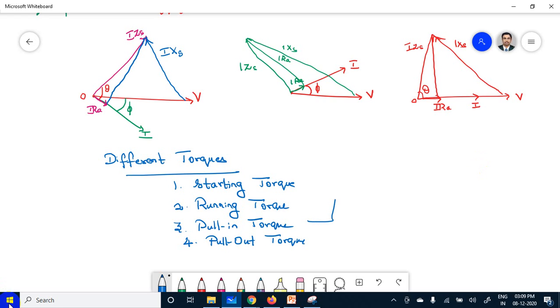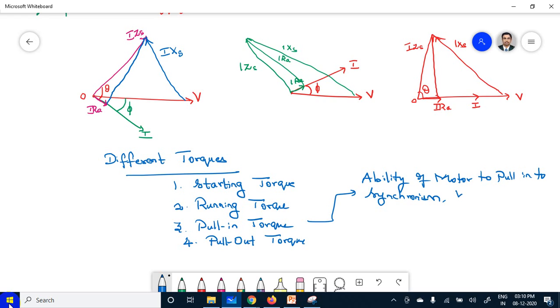Okay, pull-in torque means you take down the ability of the motor to pull into synchronism. Synchronism means the rotor speed and the synchronous speed both are the same. The machine is running at constant speed, no variation in rotor speed. That is known as synchronism.